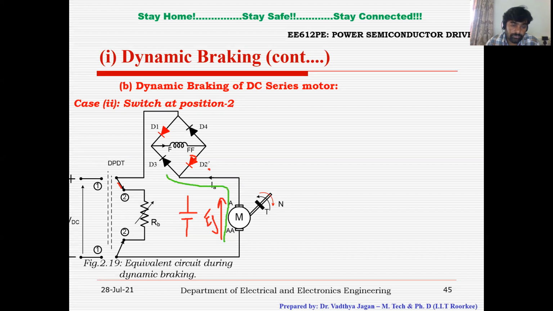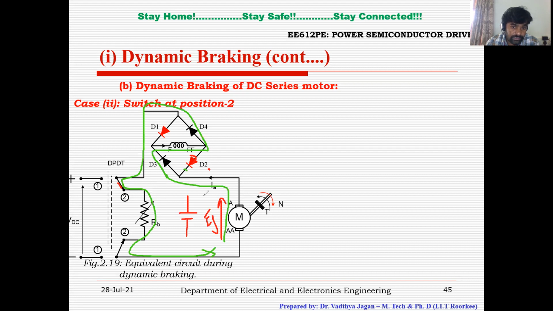The current won't flow through D2 because it is a cathode. A diode is an uncontrolled device, and it will allow the current from anode to cathode. That is why it is flowing through diode D3. And see the current in the field winding is from F to FF and through D4, and back to the DPDT switch and the external resistance like this.